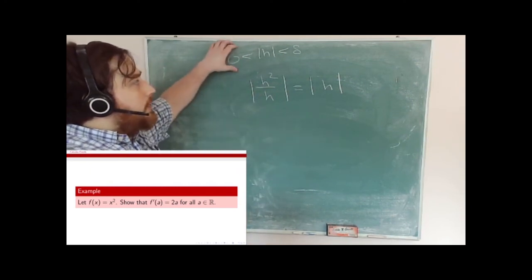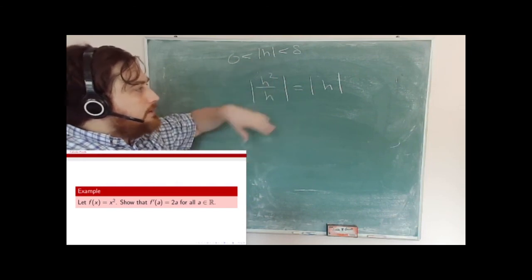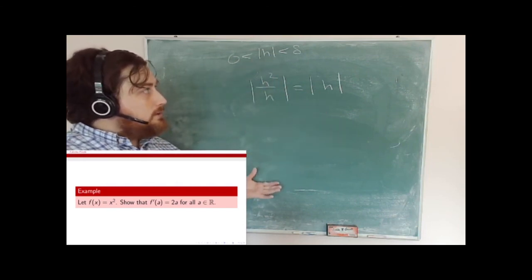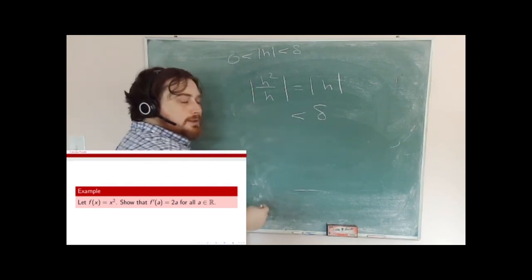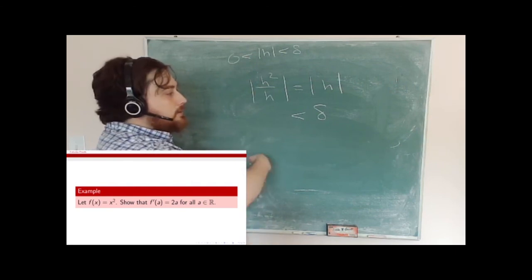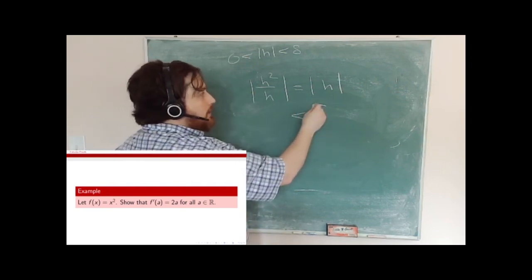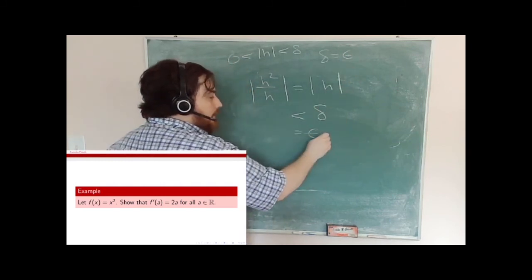It's important that we're not letting it be 0, because then 0 over 0 is undefined. But as long as it's not 0, that's just h. I know that the absolute value of h is less than delta because that's what I get to assume. So now all I have to do is find a delta so that this is less than epsilon. So I just let delta equal epsilon. Therefore, that's equal to epsilon.